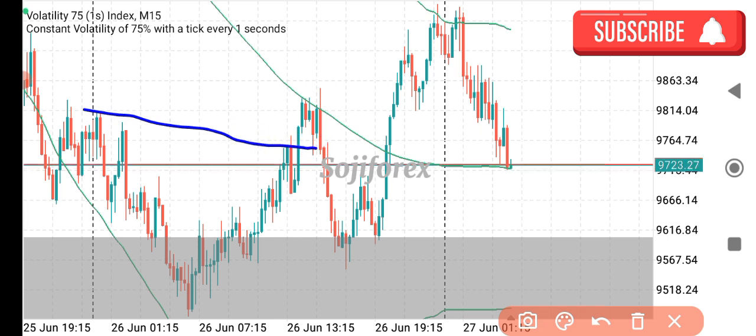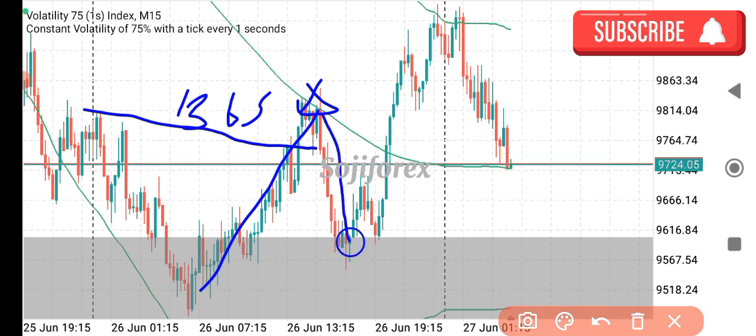Structure broken by this movement here, BOS, and then price pulls back to retest, and you could have been in this move.